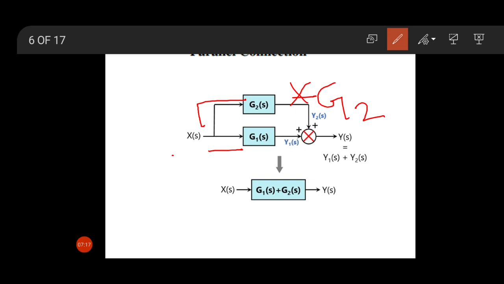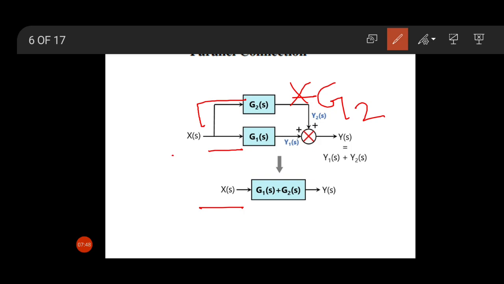For example, the same input signal x is given here, and we replace these two blocks by a single block. Here the input is the same x, and the output is also x into g1 plus g2, which is equivalent to the previous output.